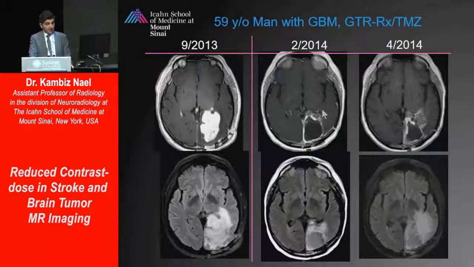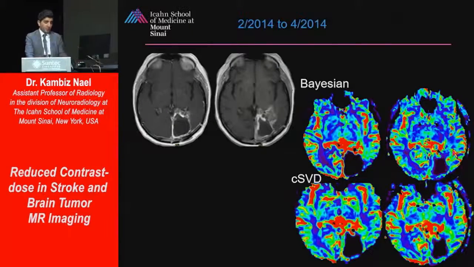There's a small nodular enhancement along the posterior margin of the resection bed that has grown on follow-up imaging, and there is more FLAIR hyperintensity. The question was always the clinical dilemma, right? Is it post-treatment change or recurrent tumor, for which we do our brain tumor imaging, and I have their DSC, dynamic susceptibility contrast perfusion images here.